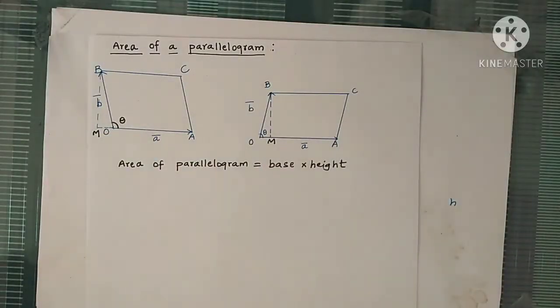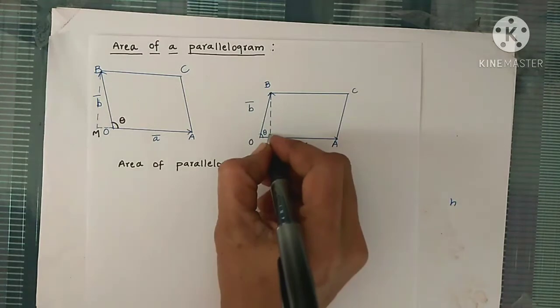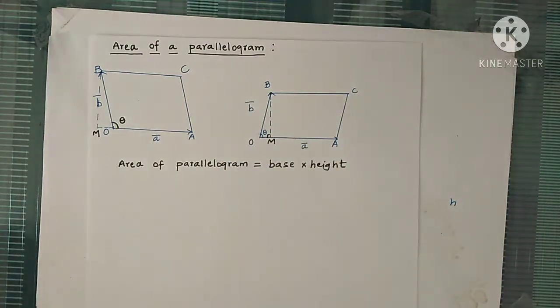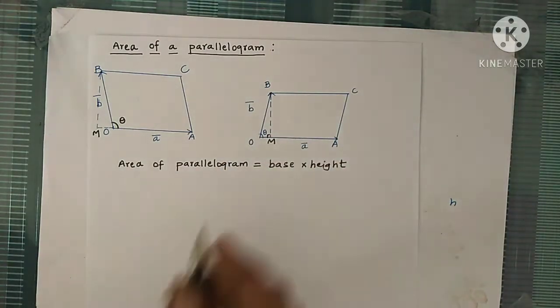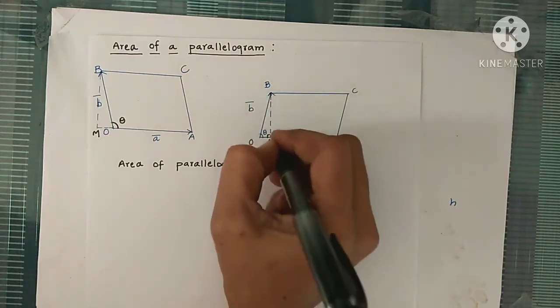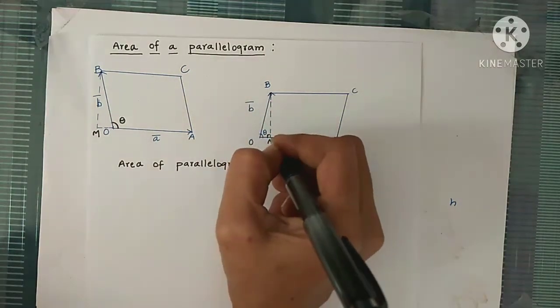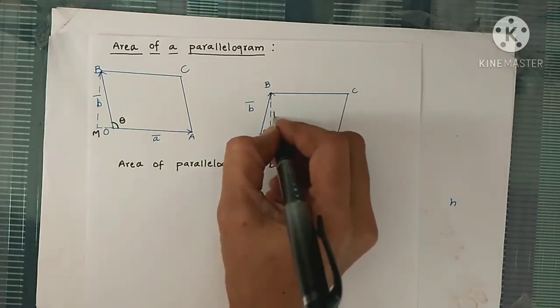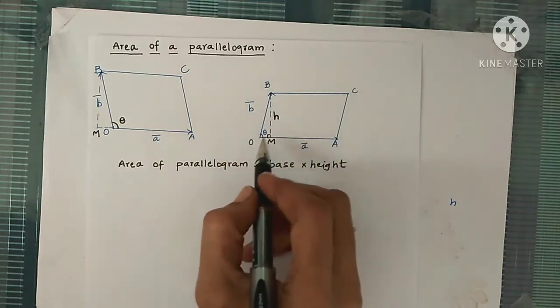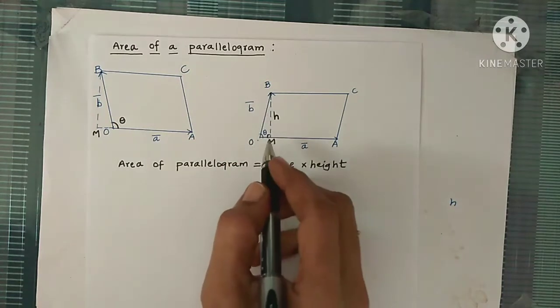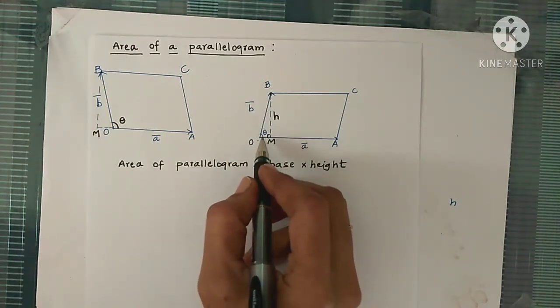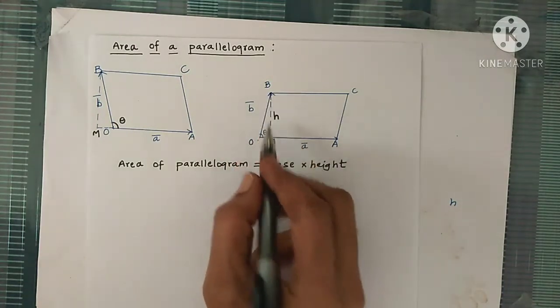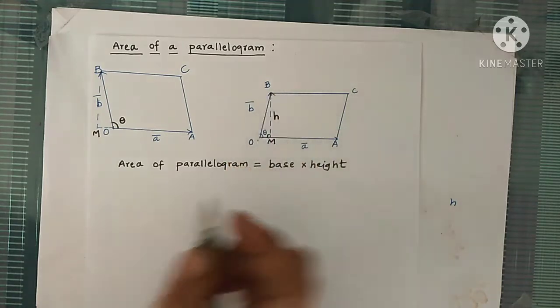Now to find BM, let's consider the triangle OBM, which is a right angle triangle. We want to find the equation for BM, as it is the height, and OB is known. If we consider the sine ratio, sine theta is BM divided by OB.